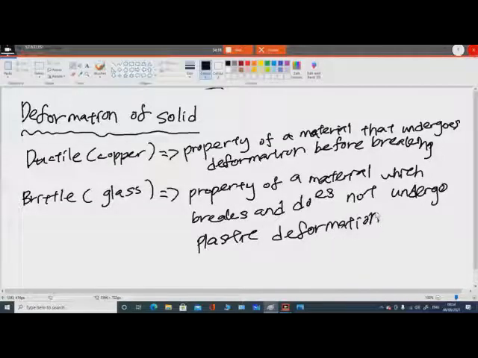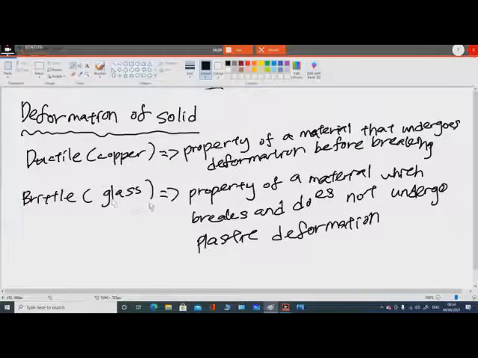So these are the definitions for these two keywords. This copper will undergo deformation before breaking.